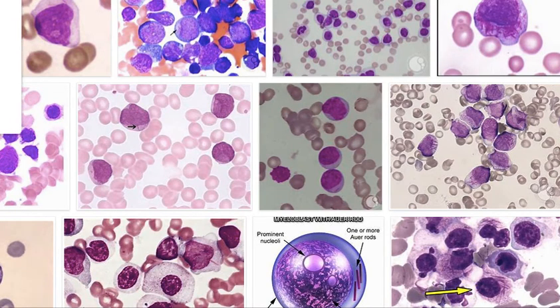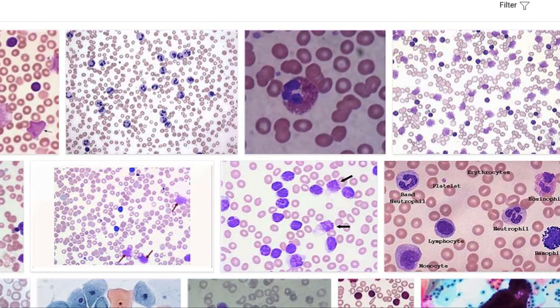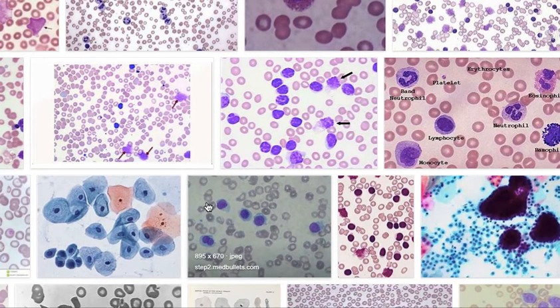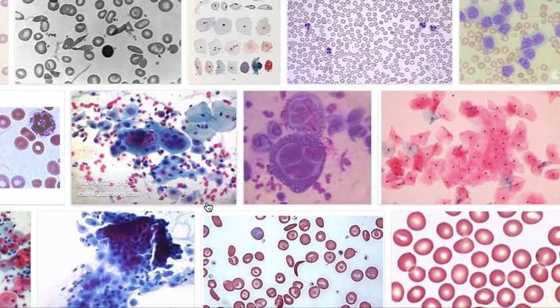The last one, not so important, is called the smear cell. I must show you that as well.